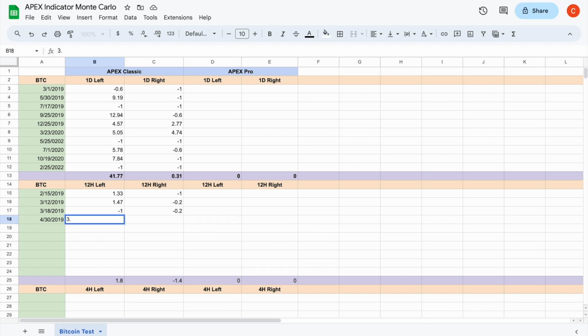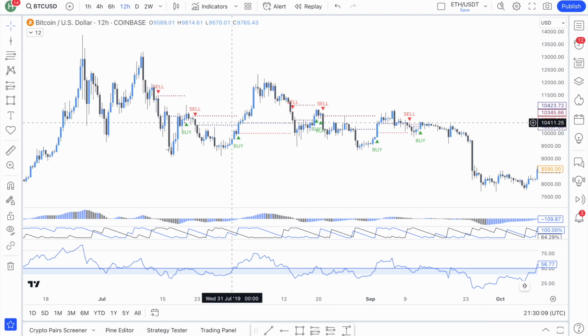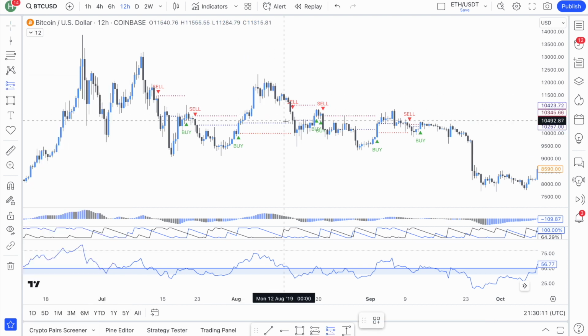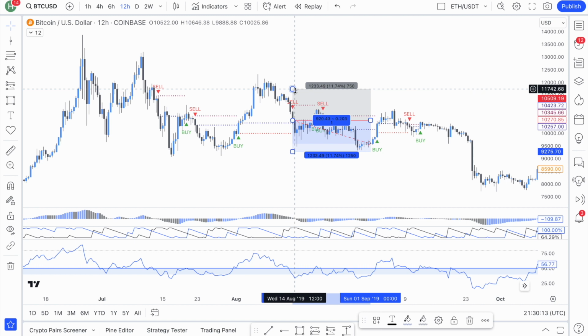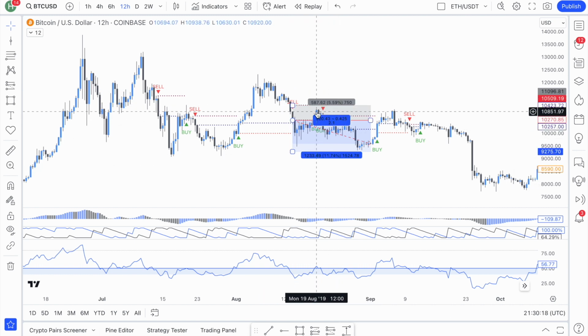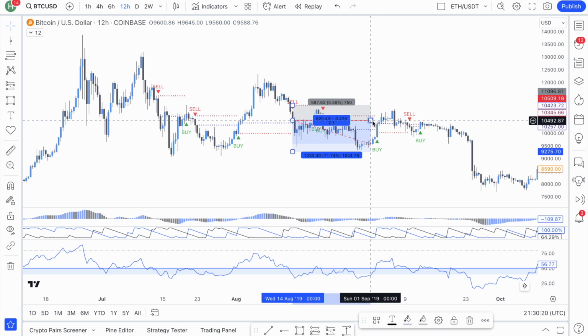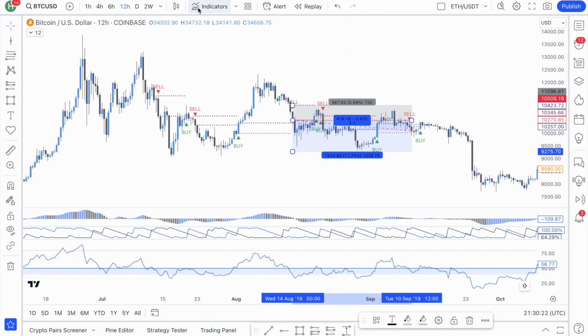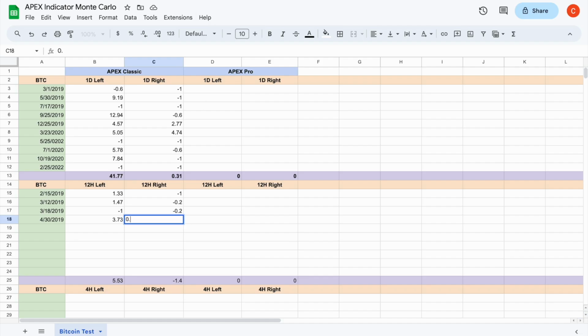So 3.73, and then my short position doesn't look good no matter what it is, I guess, but looks like it's right around -3 roughly. Yeah. So, or is this low enough? No, it's not. So that is minus 0.3.